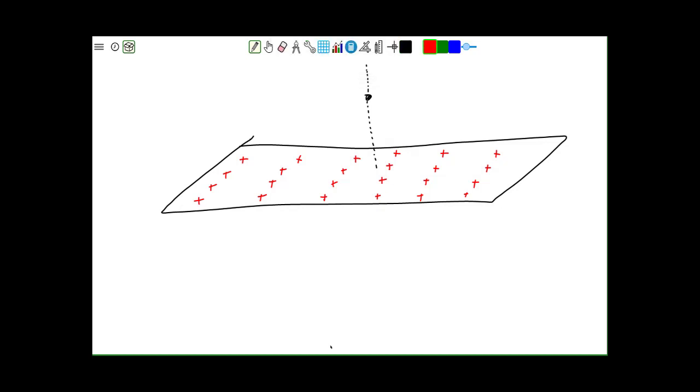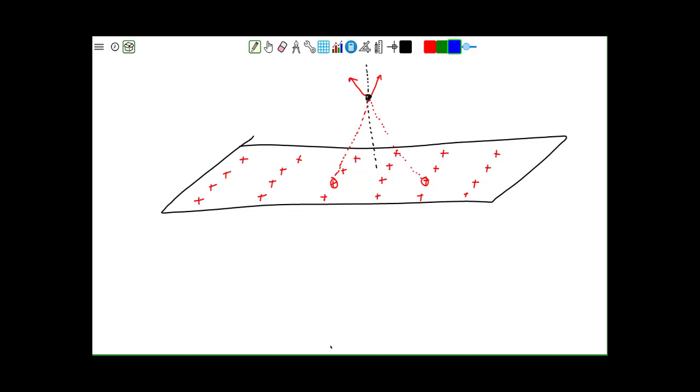For example, if I take a point right here, this point will have an electric field contribution, but there is a mirror charge on the other side that also contributes to the net electric field at the point I drew.